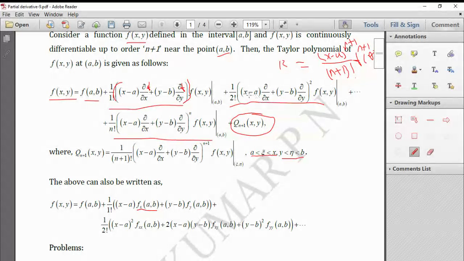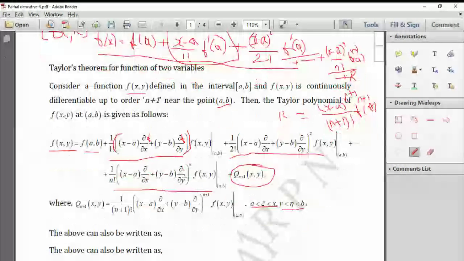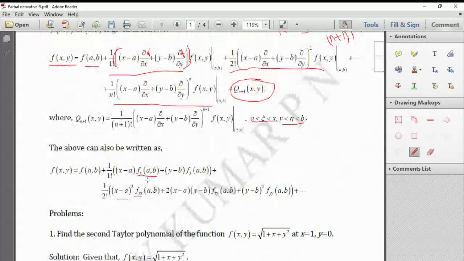So we can write this one as (x minus a) whole square, then ∂²/∂x², that is ∂²f/∂x², which is nothing but fxx, the partial derivative of f twice, f double dash, right? fxx at (a,b), plus 2 times this into this, so 2 into (x minus a) into (y minus b) ∂²f/∂x∂y.